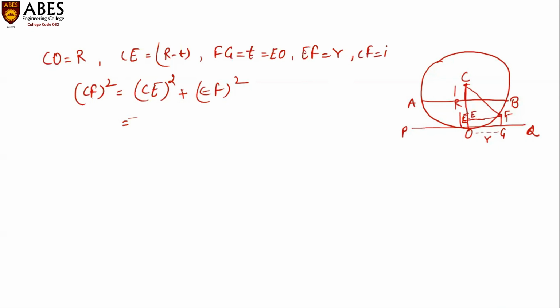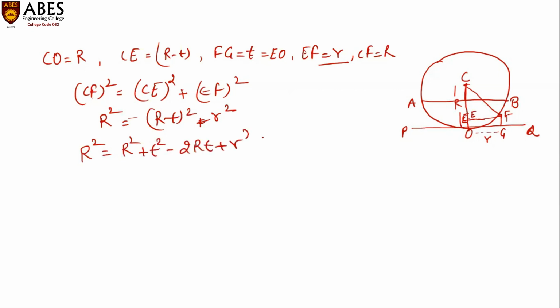CF is capital R, the same as CO. So R square is equal to R minus t whole square plus r square, which is R square plus t square minus 2Rt plus r square. Here R square cancels out.